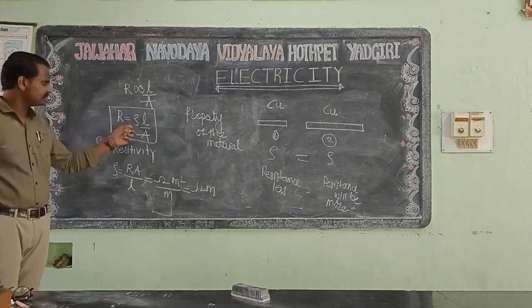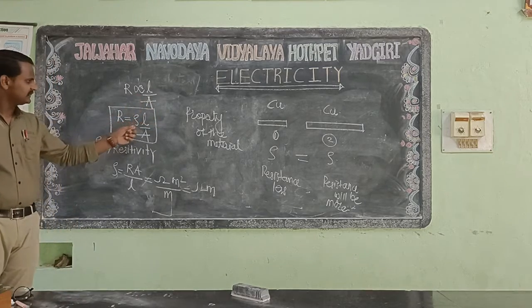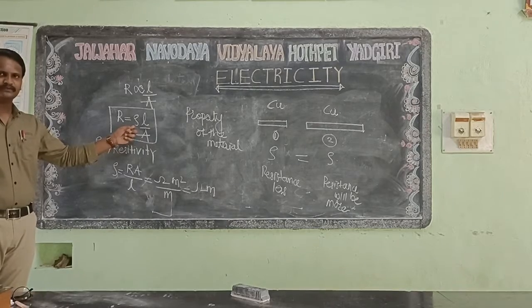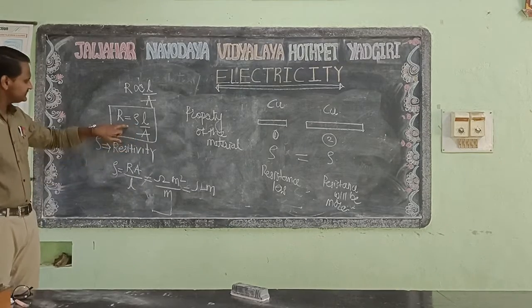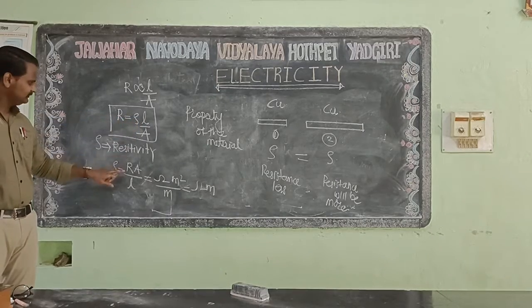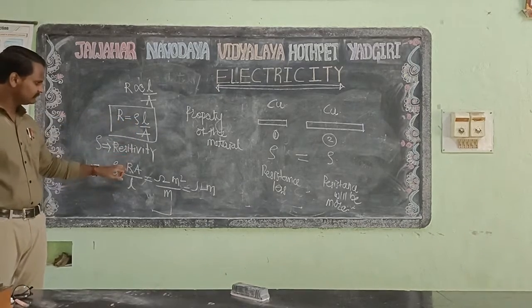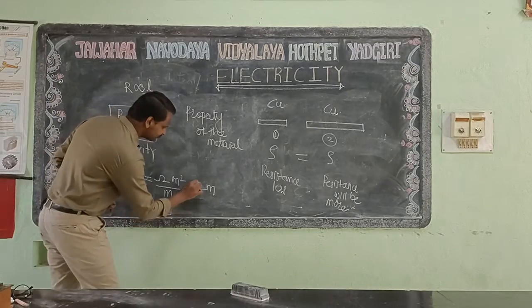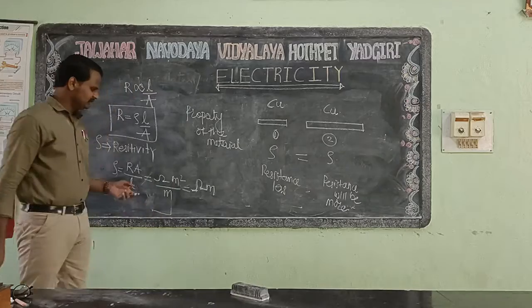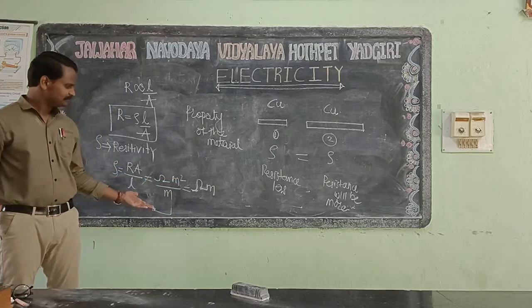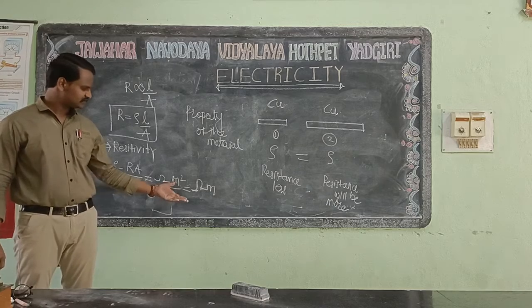Removing the proportionality, we introduce a constant, resistivity, from which we can find the value of resistance. Its SI unit is ohm meter, derived from resistance, area and length: ohm, meter square and meter.